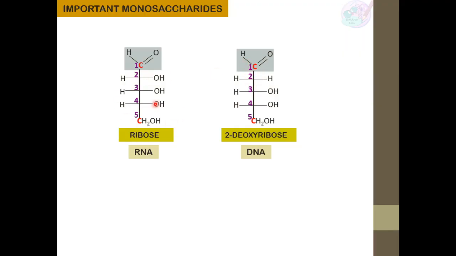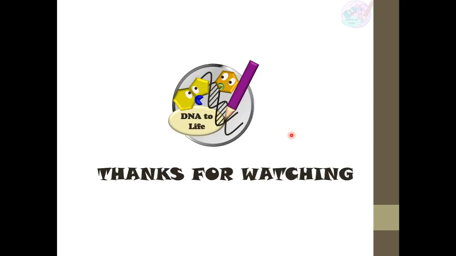In the case of ribose sugar, this second number carbon has an alcohol group, OH group. But here this is not OH, it's H only. So since oxygen is lacking at the second number position, this is called 2-deoxyribose. So this was all about the monosaccharides.